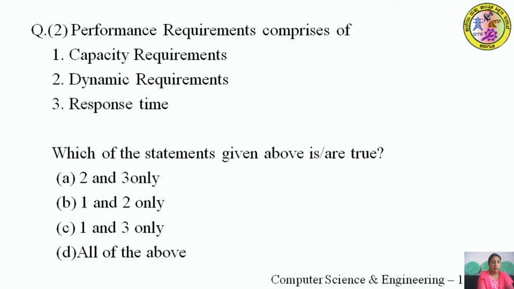Which of the statements given above is or are true? Your options are A, 2 and 3 only, B, 1 and 2 only, C, 1 and 3 only, D, all of the above. Do you know the correct answer for this one?